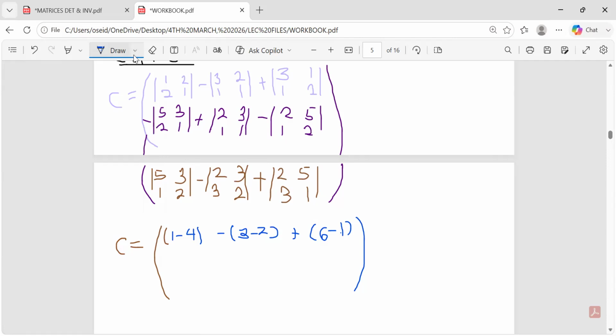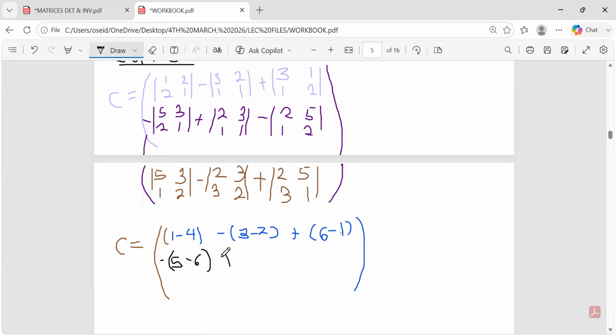So the next one will be, on the second column, we're going to have negative brackets. 5 times 1 will give us 5, 2 times 3 is 6, minus 6. Bracket close.